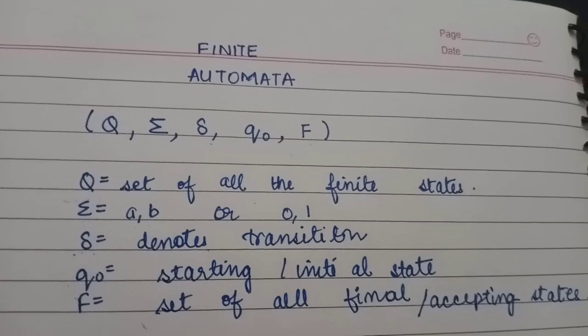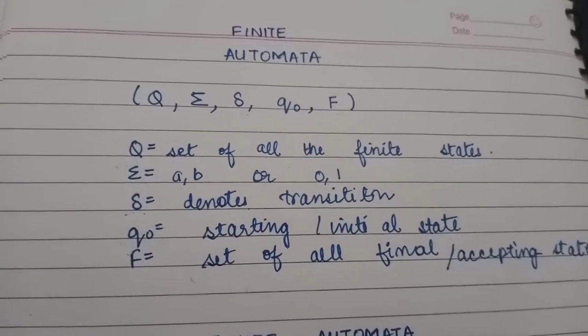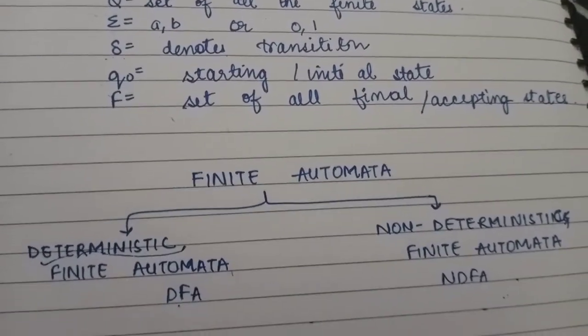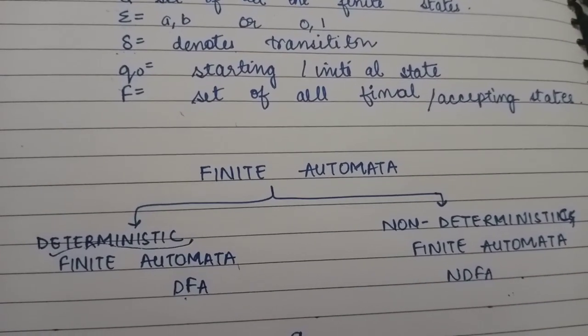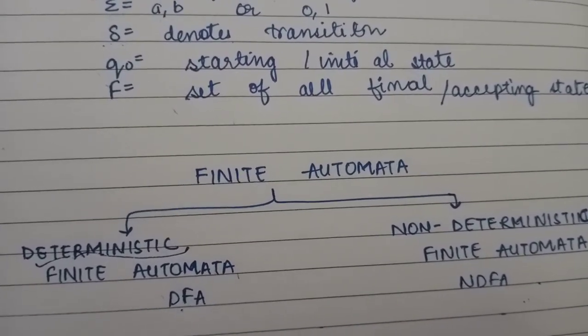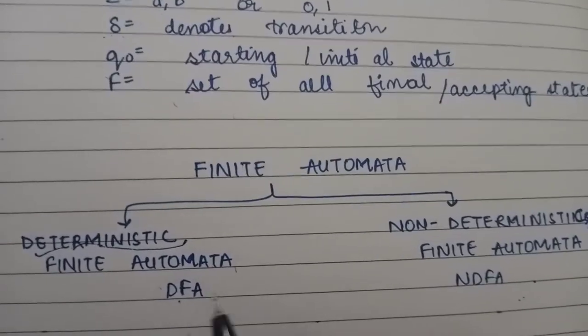Now, since we're done with all these tuples, let us come to the types of finite automata, which are deterministic finite automata and non-deterministic finite automata. We also call them DFA and NDFA respectively in short. Now, what is deterministic finite automata?